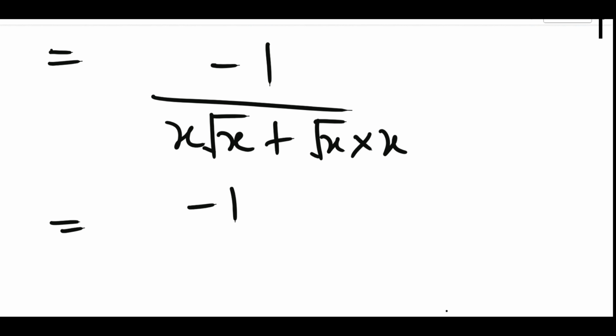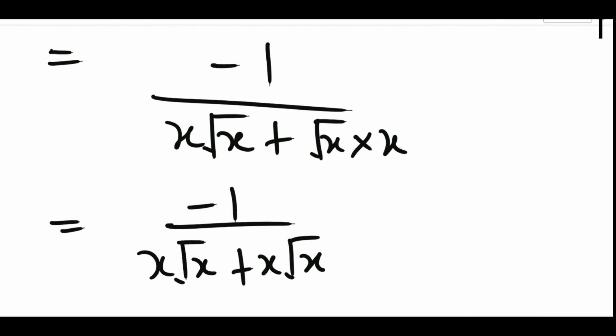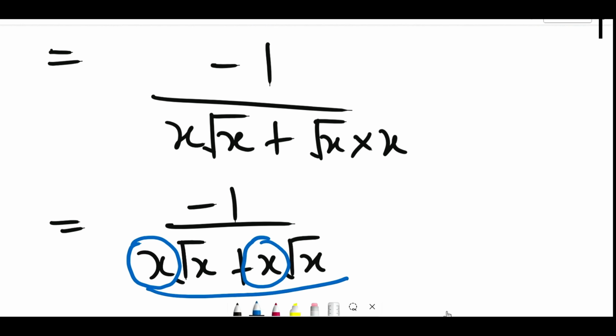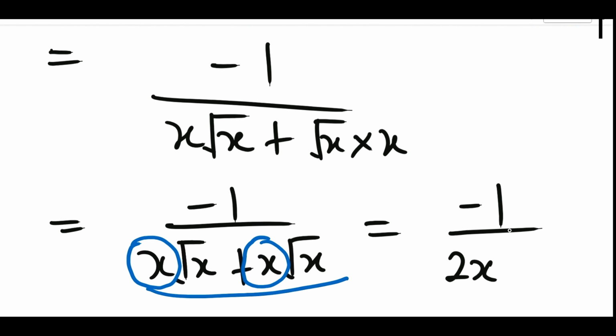So we are going to get negative 1 divided by x square root of x plus x square root of x. Now you can see that these are like terms. So we can add 1x to another 1x, and that will give us 2x. Alright, so we are going to get negative 1 divided by 2x multiplying the square root of x.